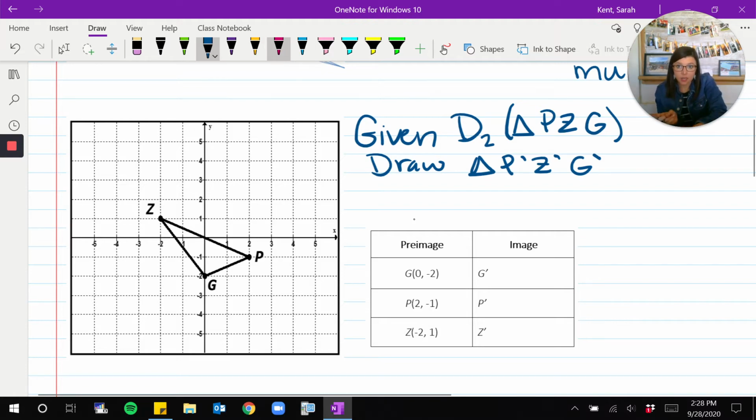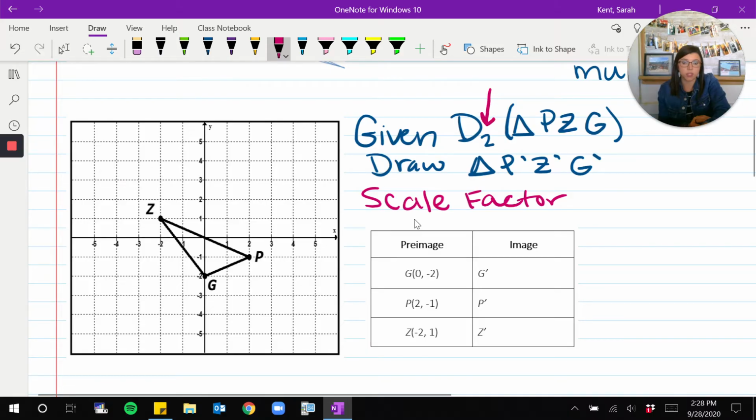So the first thing we need to find is what's called the scale factor. This is going to be the number that we multiply by. To find the scale factor, we want to go to the D and look at the little number next to it. So here it's a 2. So our scale factor is 2. Since this is bigger than 1, this is going to be an enlargement. I can't fit it all.